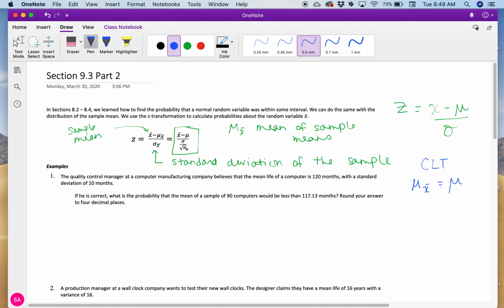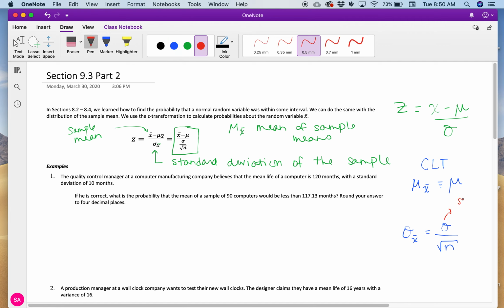And then below, another formula I gave in the last video: the standard deviation of x bar can be calculated by the standard deviation of the population divided by the square root of the sample size.